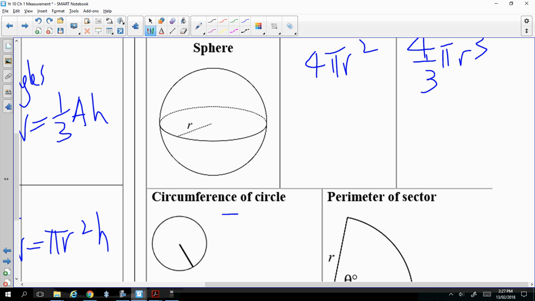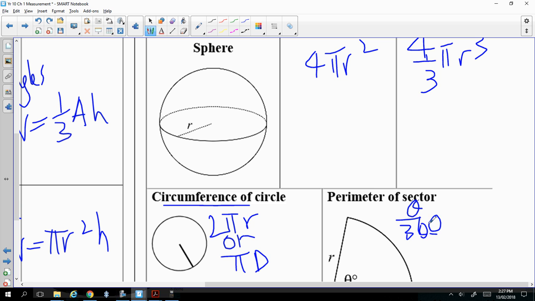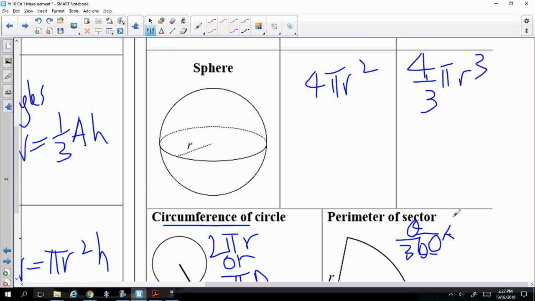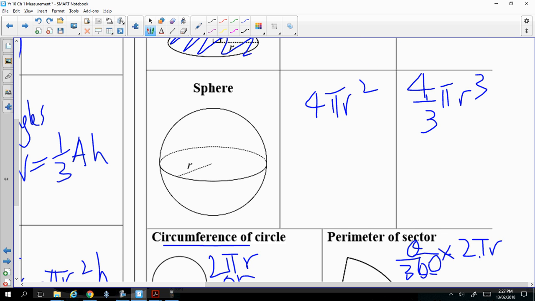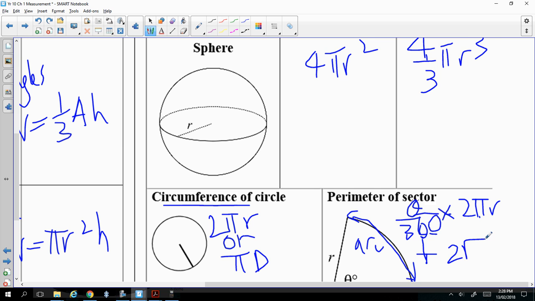And the perimeter of the sector involves theta over 360 times 2 pi r. That just gives you the arc length. You need to add the 2 radii to get the perimeter. Alright, any question? So this is the summary of all the things we've done, and also there's Pythagoras, which you know very well.